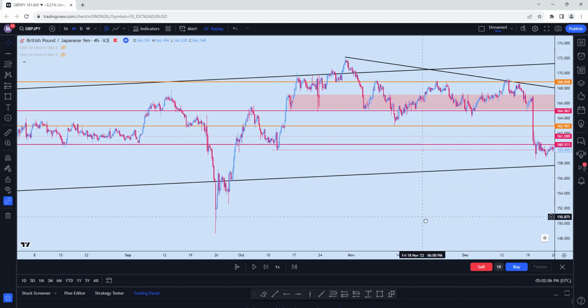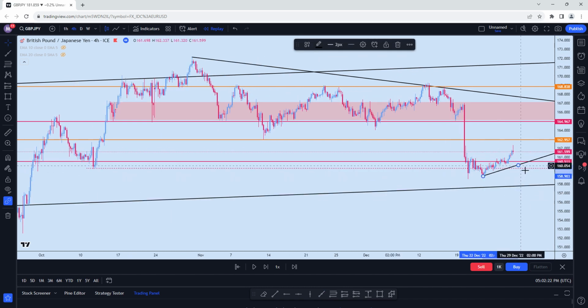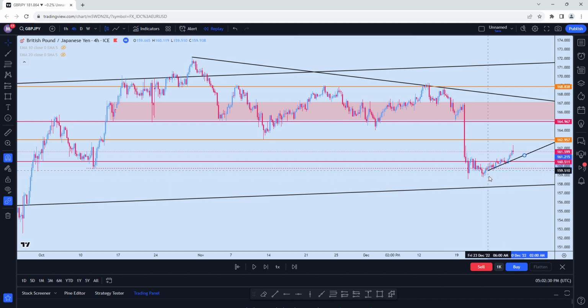Once my analysis is fully done, then I can start putting on other stuff. The Fibbo level, for example. See, touched it here, so it's reacting to go up. And what I can do is something like this.